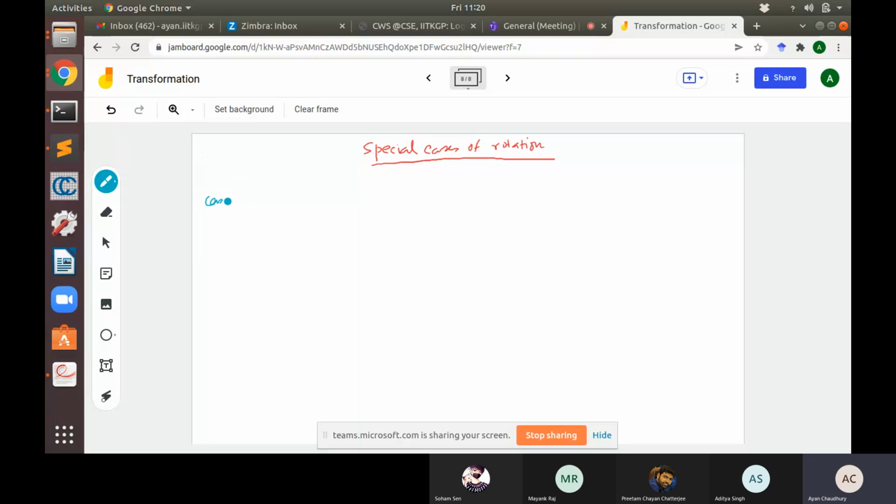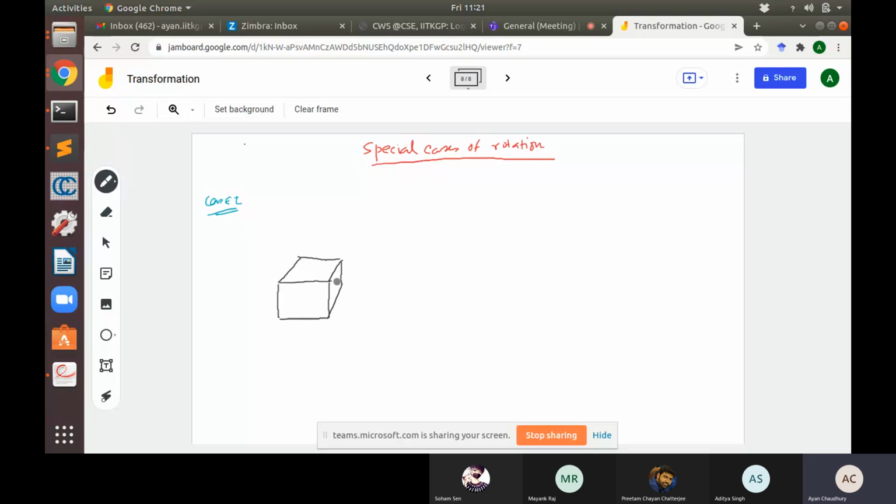So this is case one. Let's see how to handle these types of cases. Let's say you have an object like this. Let me draw here. Let's say this is an object. So it has a local coordinate system.